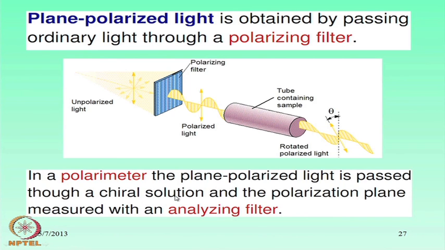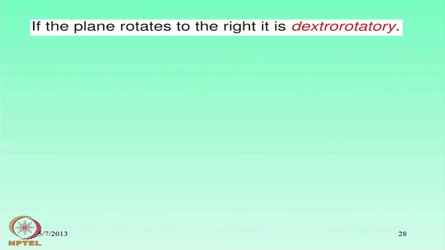So we have a chiral molecule, we make a solution, and plane polarized light is passed through it. The analyzing filter measures the amount of rotation with respect to the plane of polarization originally present.